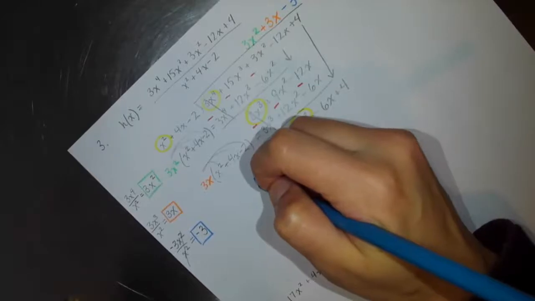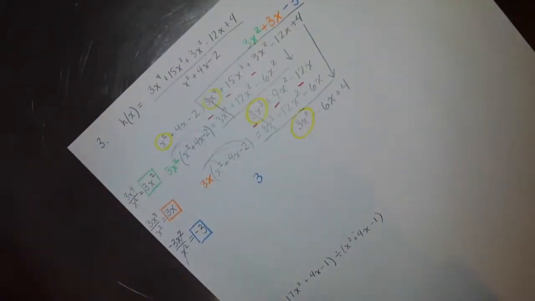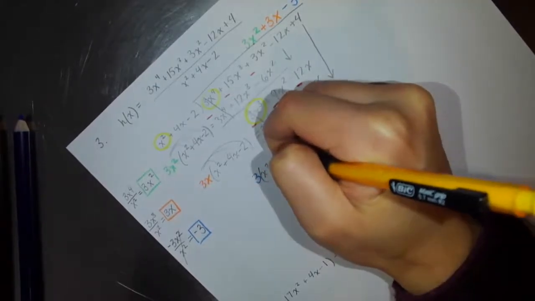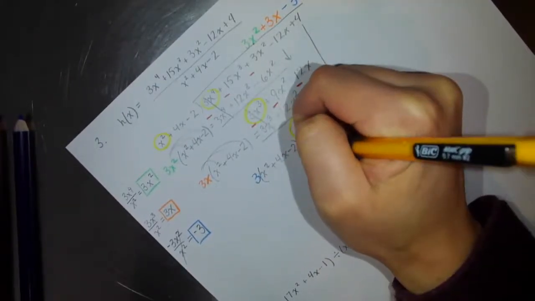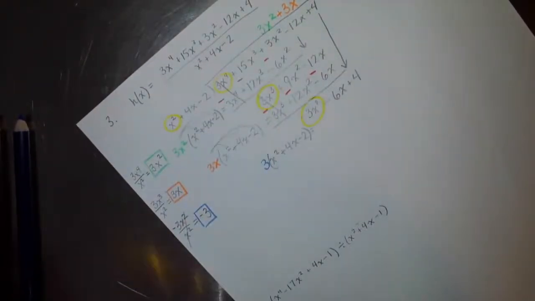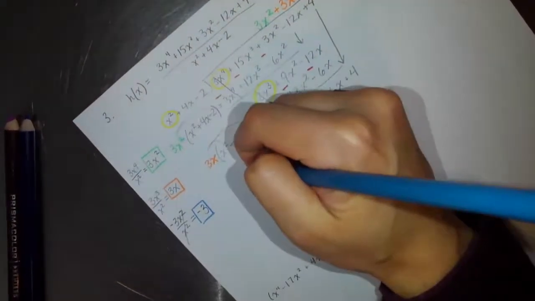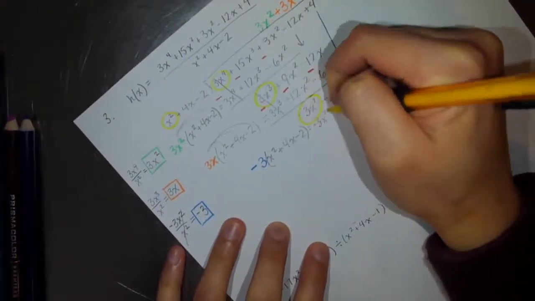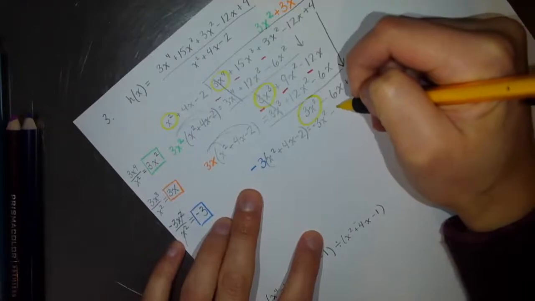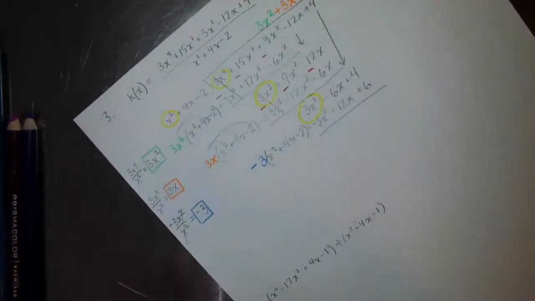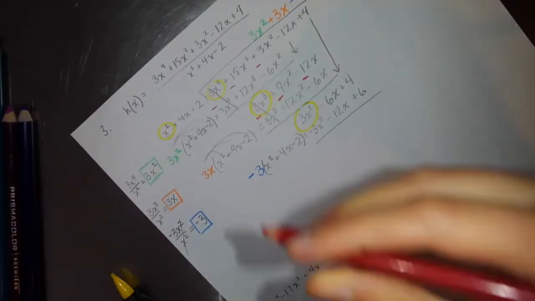So I have 3 times this x squared plus 4x minus 2. Oh, sorry, negative 3. So this will be negative 3x squared minus 12x plus 6. And then we subtract.